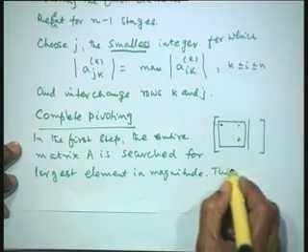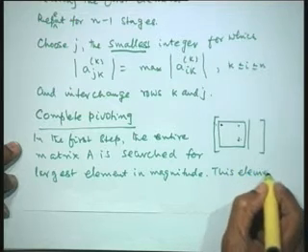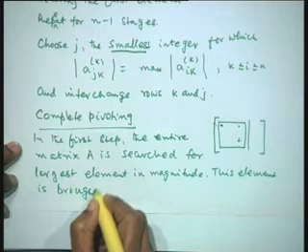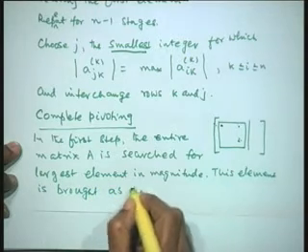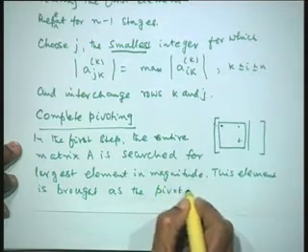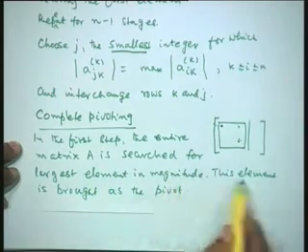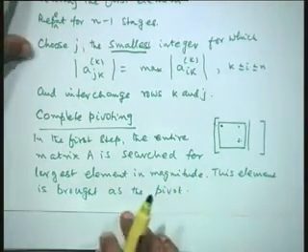This element is brought as a pivot. The entire matrix A is searched for the largest element in magnitude, and this element is now brought as a pivot.